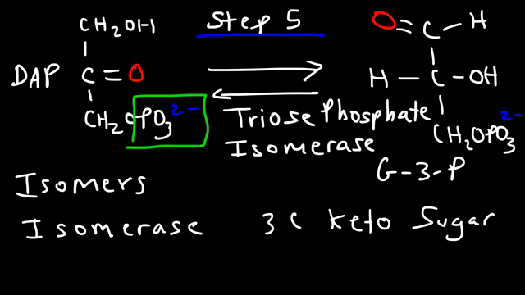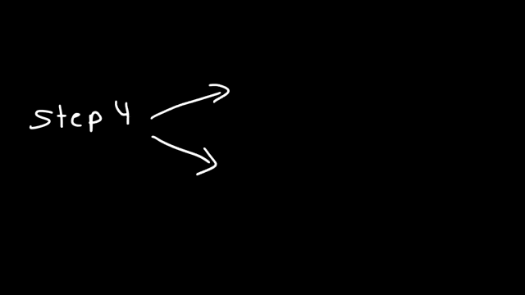Now, it's important to understand that as we get into step 6 of glycolysis, the beginning of the payoff phase, 2 molecules of G3P enter that phase. So if you need to calculate the number of ATP molecules and NADH molecules produced in that phase, you need to double everything. So let me give you an overview. In step 4, we produced 2 different molecules, dihydroxyacetone phosphate and G3P.